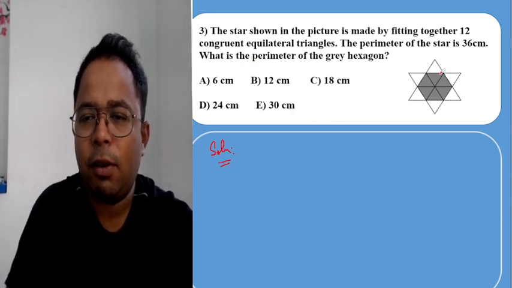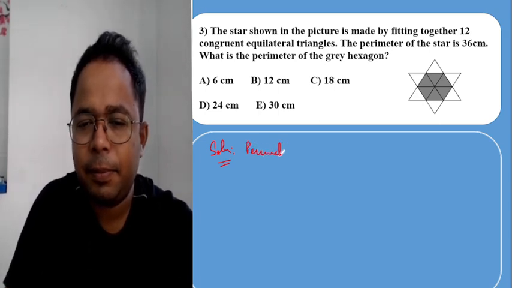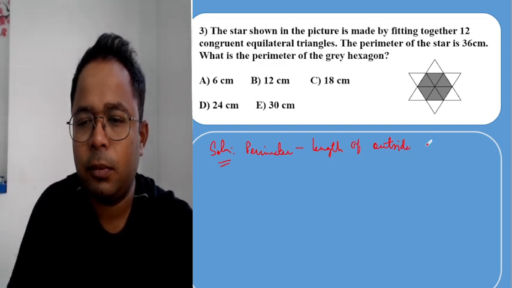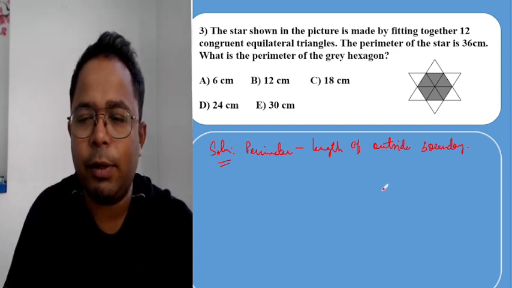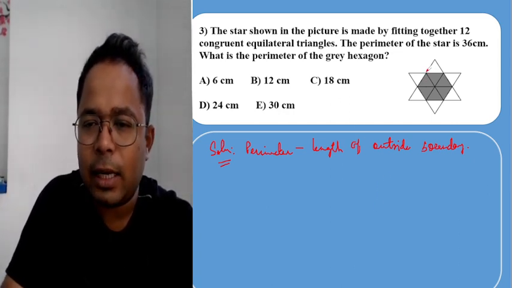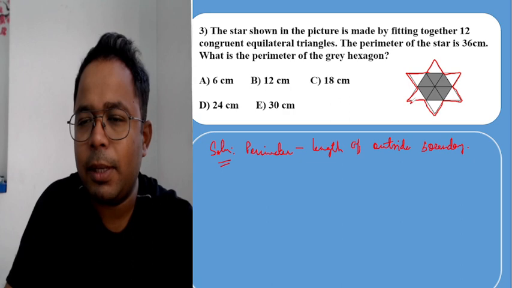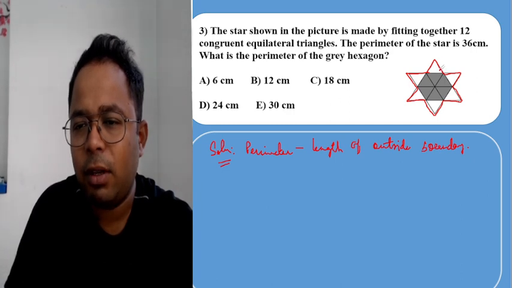Now, when we say perimeter, it means the length of the outside boundaries. The complete star, the outer region, measures 36 centimeter.